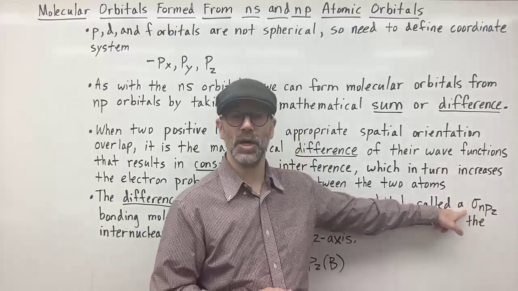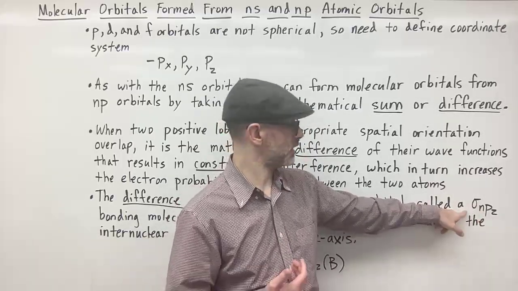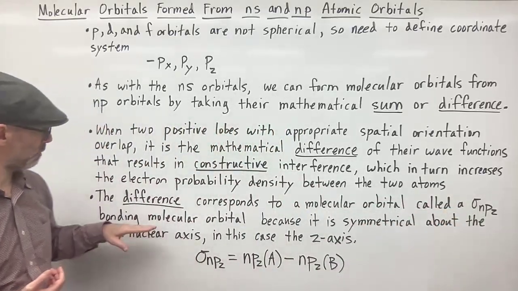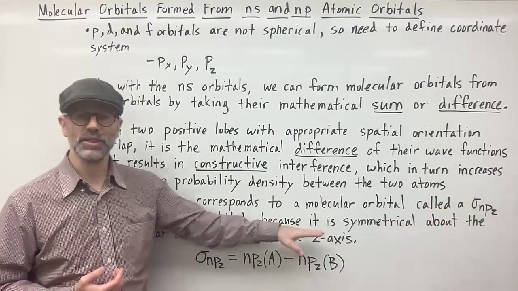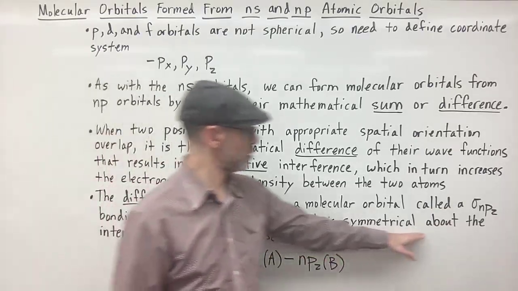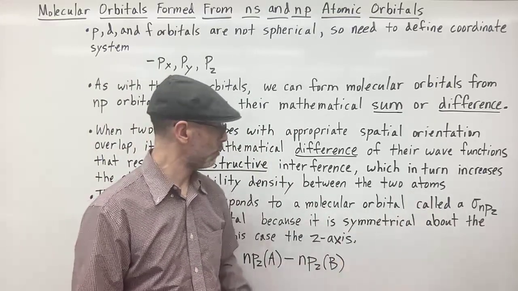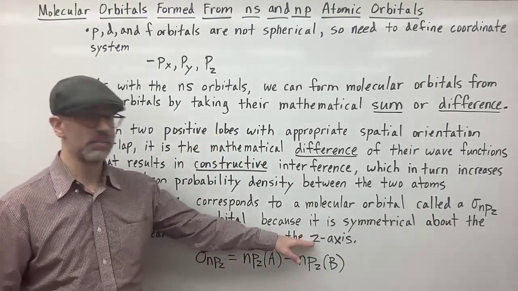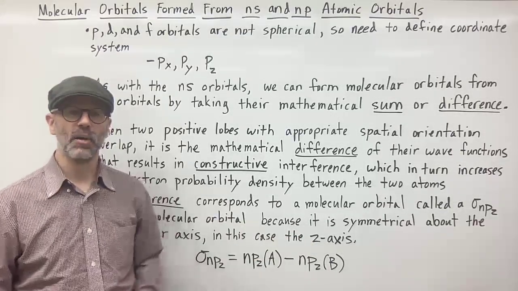This could be a sigma 2pz or a sigma 3pz orbital. And this is a bonding molecular orbital. And the reason it's called a sigma is because it is symmetrical about the internuclear axis. So in this case, we're talking about the z-axis.